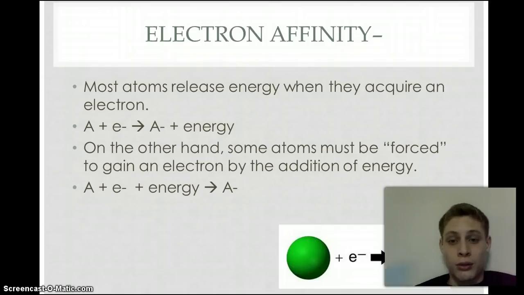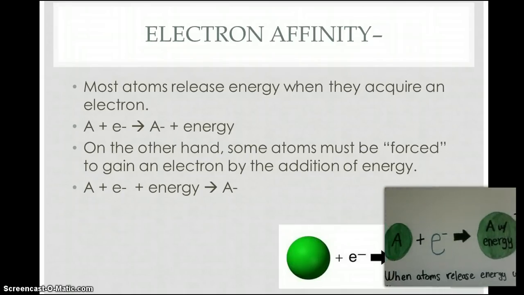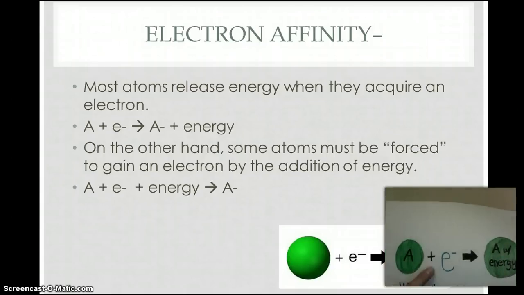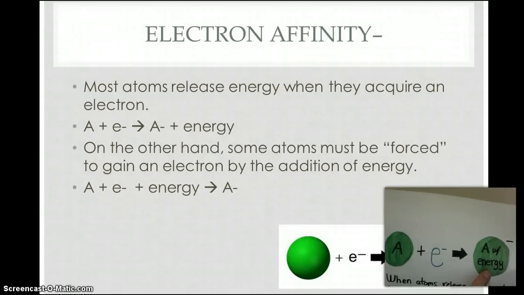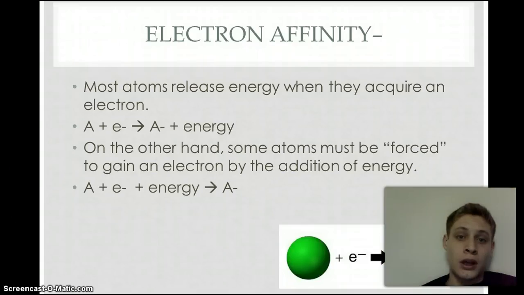I drew a picture for both of those, even though there's a picture already on the slide. So we have an atom. An atom plus an electron yields a negatively charged atom with energy. That happens when an atom acquires an electron and releases energy.